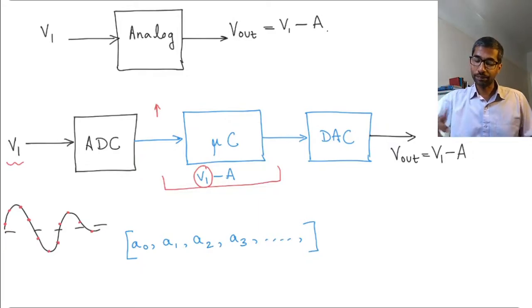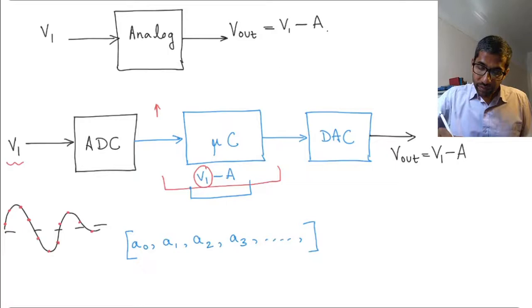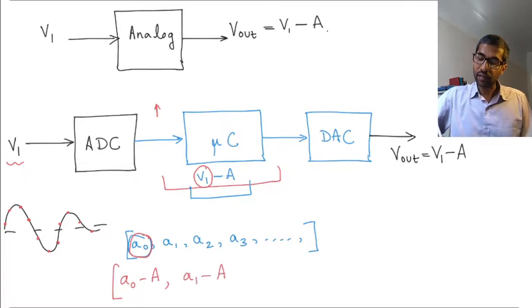And what does it mean to get V1 minus A then? What it basically means is that with each of these values, you replace a0 with a0 minus A, and then you replace a1 with a1 minus A, and then you replace a2 with a2 minus A, and so on, right?